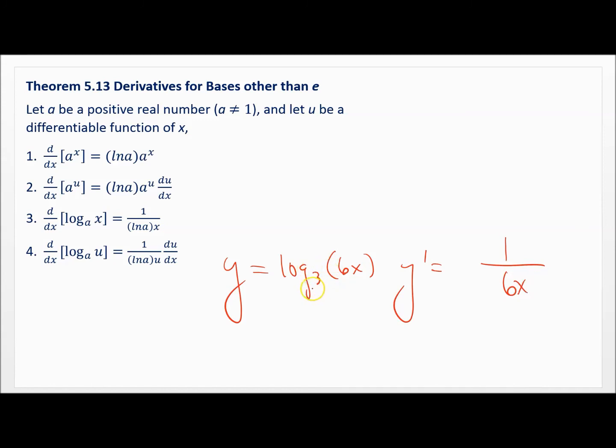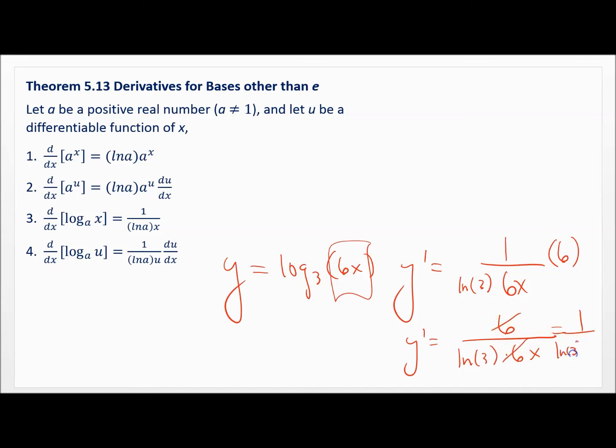But because it's not a natural log, I have to multiply the denominator by an extra natural log of 3. And I also have to use the chain rule by taking the derivative of the inside, which is times 6. So to simplify that, I'd put y prime is equal to 6 over, and then this is going to be natural log of 3 times 6x. But guess what? That 6 and that 6 cancel, which will give you 1 over natural log of 3 times x. Good with that?